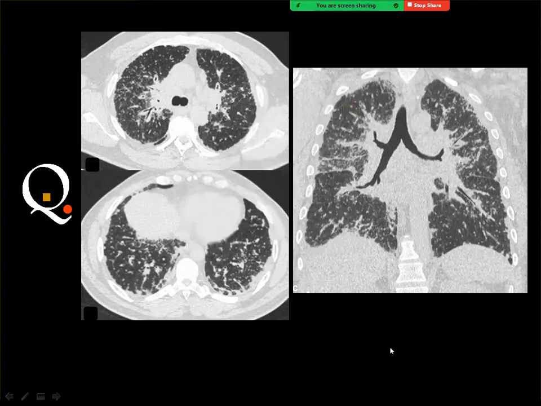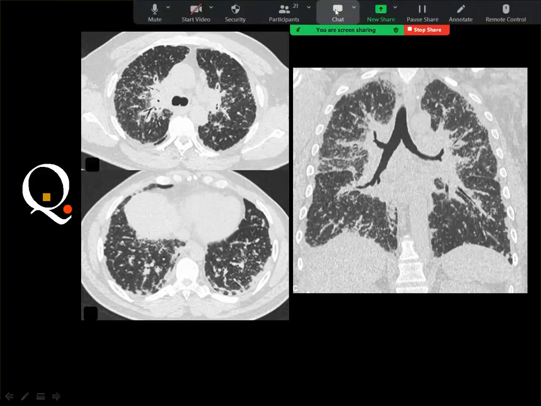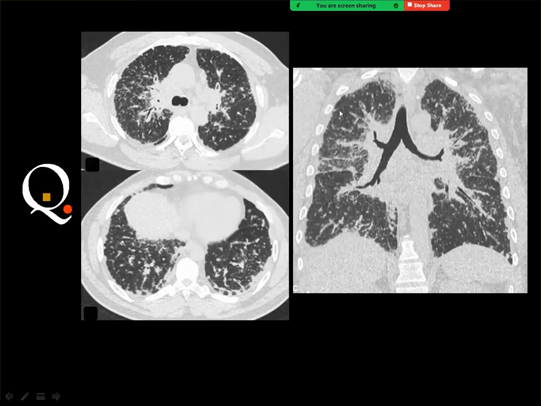No, this is not miliary TB. Yes, and this is right. This is sarcoidosis. There are only two lesions in the diffuse lung disease which can produce opacities of perilymphatic distribution.